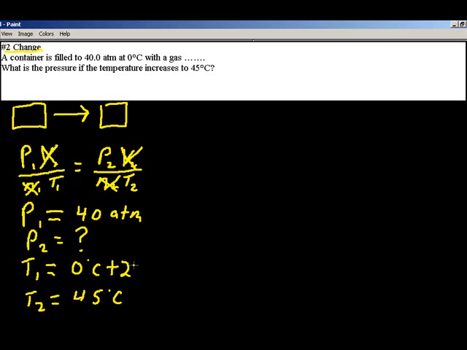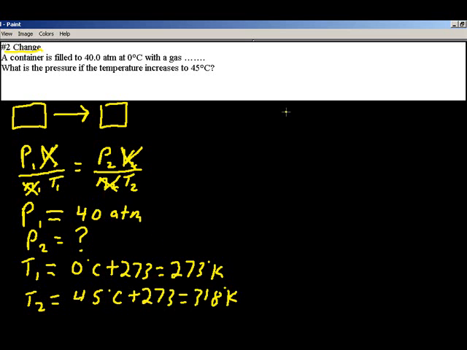I have to convert to Kelvin, adding 273. I convert 45 to Kelvin by adding 273, which is 318 degrees Kelvin. So now I've matched up and got all my units proper.